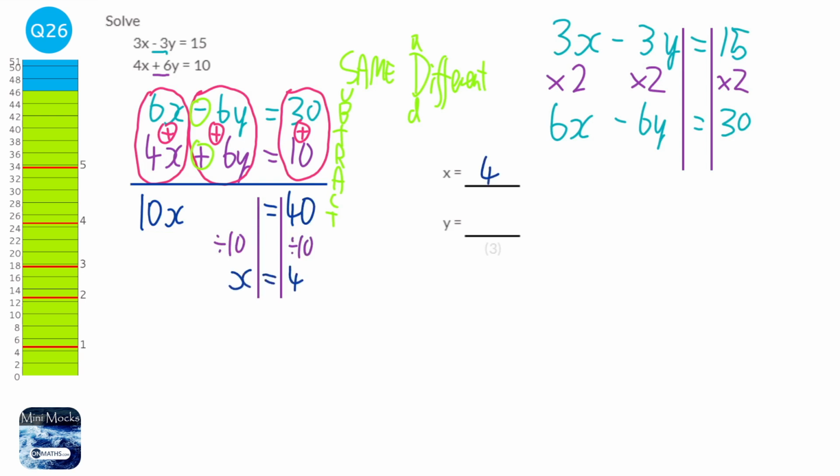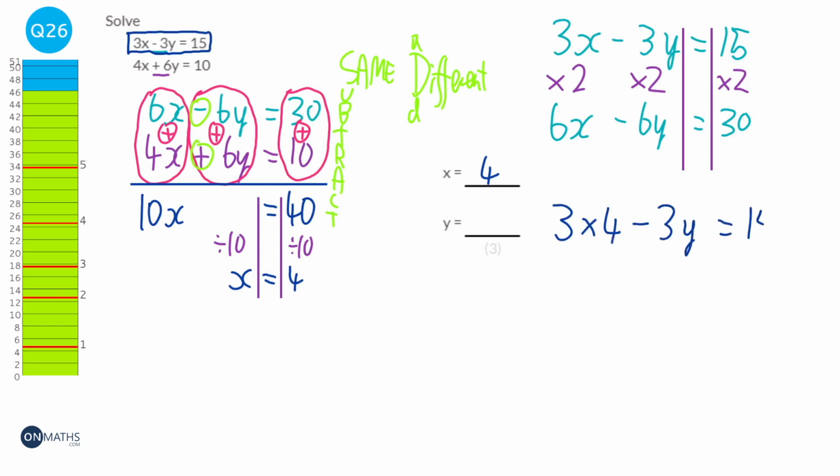Now that's one of the solutions, but we've got to find out what y is as well. So we're going to look at this first equation here, and we're going to just write out that, but substituting in the 4. So it's going to be 3 times 4 minus 3y equals 15. Get our solving lines in. So 3 times 4 is 12, so we're going to take away 12 from both sides.